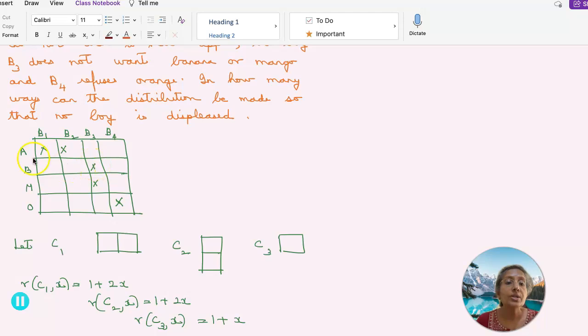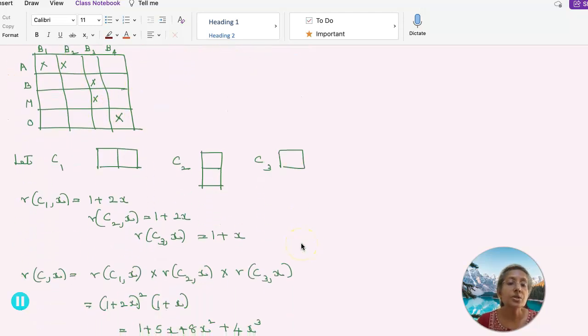So these are the boys and these are apple, banana, mango, orange. So we have arranged it accordingly. B1 and B2 don't want apple, B3 doesn't want banana and mango, and B4 doesn't want orange. So we have the blocks here, this is C1, C2 and C3. Again R_C1(x) is 1 plus 2x, R1 is 2 here, R_C2(x) is 1 plus 2x.